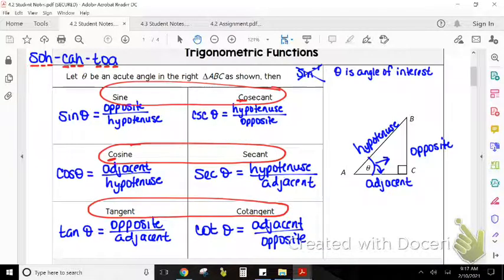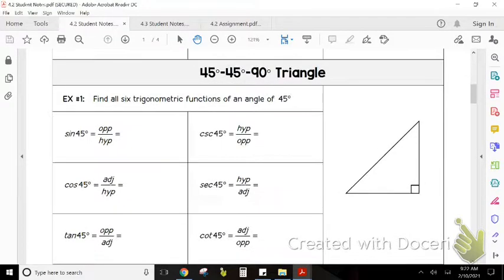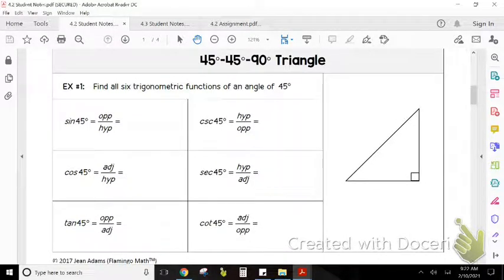All right, so let's talk about some triangles then. The first triangle we're going to remember back to is our 45, 45, 90. I know it's been a while, but you talked about a 45, 45, 90 triangle back in geometry. Back then, you would say your sides are going to be in the ratio of x, x, and then x square root of 2.